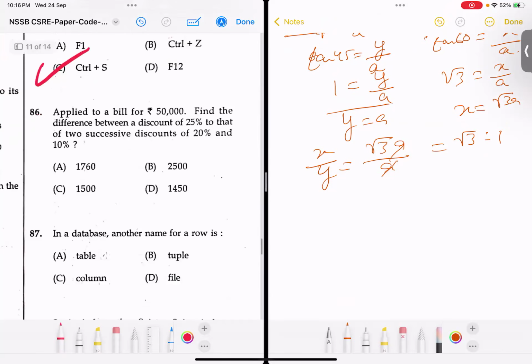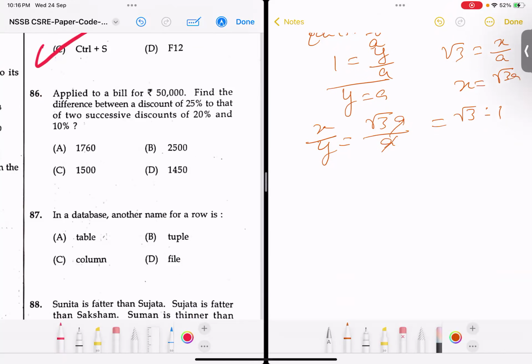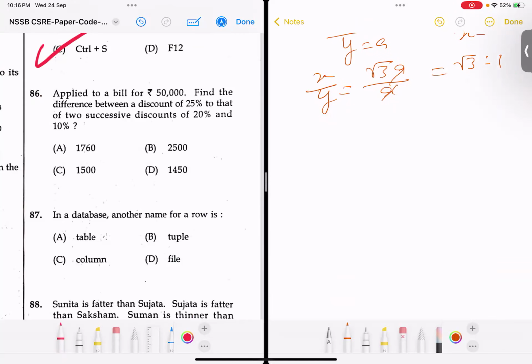Question number 86. Applied to a bill of 50,000, find the difference between a discount of 25% and the two successive discounts of 20% and 10%. Now, here the amount is 50,000.